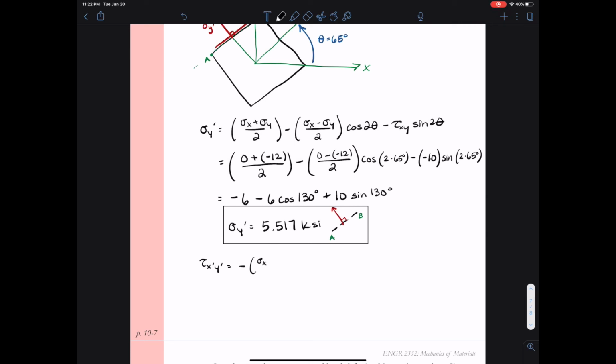You can follow along with the rest of this video. You'll see the calculations work out. We see that tau x prime y prime will result in a positive 1.832 ksi, and this means that the shear is acting on the positive y prime plane in the positive x prime direction.